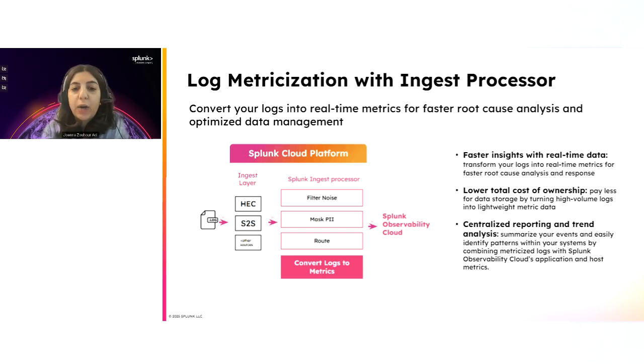You pay less for data storage because you're turning those high-volume logs into lightweight metric data, and you're also centralizing your report and trend analysis. You're summarizing the events and easily identifying patterns within your systems by combining those metricized logs with Splunk Observability Cloud. Because what I forgot to mention is once those logs are turned into metrics, they can be ingested into Splunk Observability Cloud, so you can visualize those metrics in context with logs and traces.